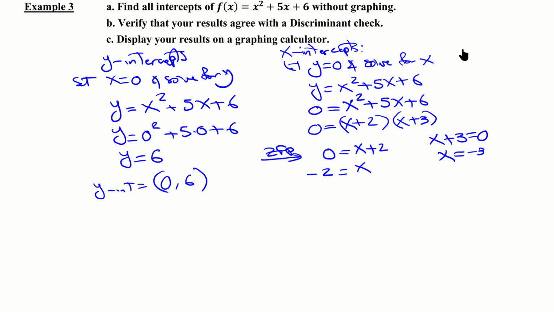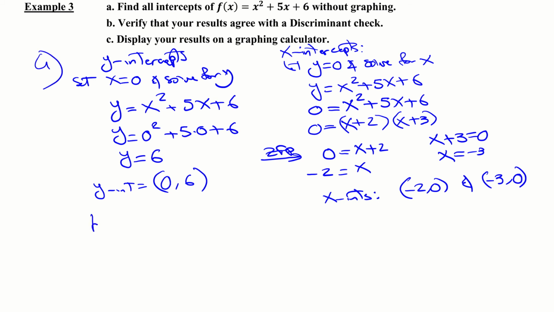So we're going to properly present the x-intercepts now. We're going to say the x-intercepts are (-2, 0) and (-3, 0). All right, so this is all part A.